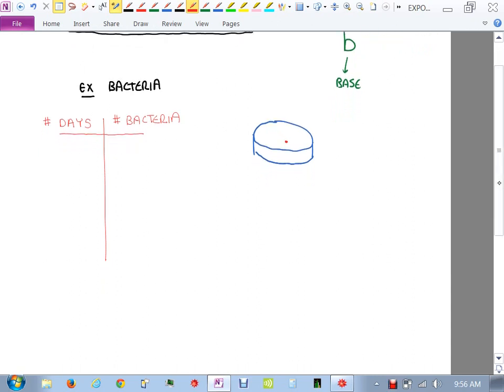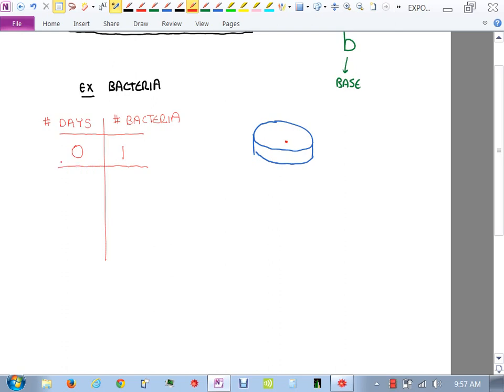Let's say that I am able to calculate some data. I start out, I grab a petri dish out of the lab, open it up, and I place a single bacteria into the dish, right? What I would say is that at day 0, I have one bacteria, a single one.